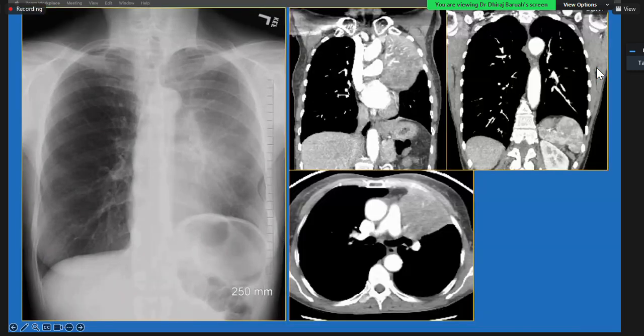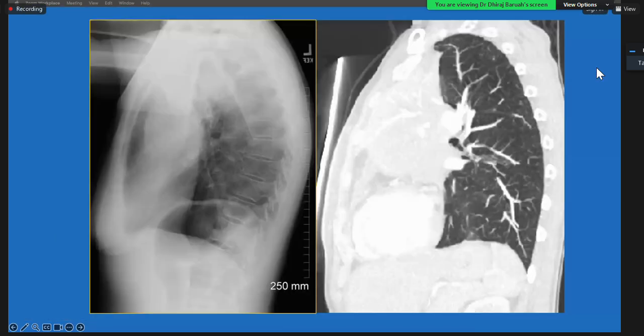Okay. So this is most of the time malignancy until proven otherwise. So this is a very important X-ray to remember. It is not that difficult to identify which side is abnormal. Once you make that decision, you know that this is going to be most likely cancer. Okay.